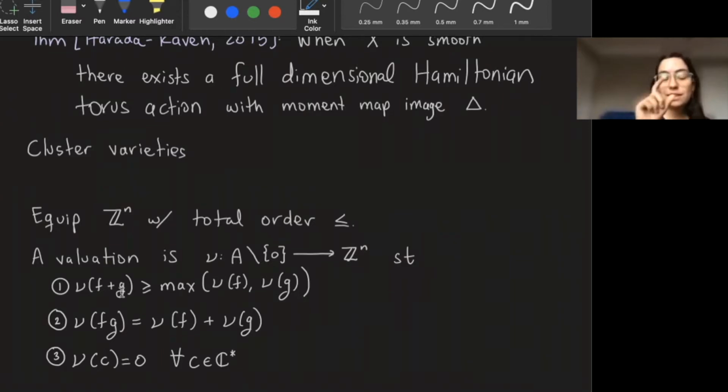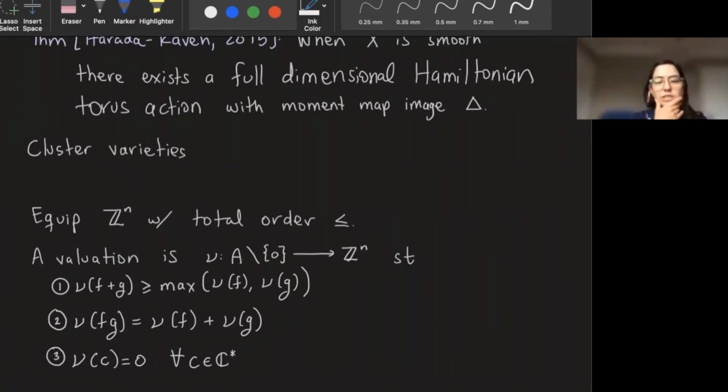So it's the degree of the lowest term in your polynomial, right? Because if you add two polynomials, the degree of the lowest term could stay the same, or there could be cancellations, but then the degree increases. The degree of the product of two polynomials is the sum of the degrees, and constants have degree zero here. So this is a vast generalization of the degree of a polynomial.